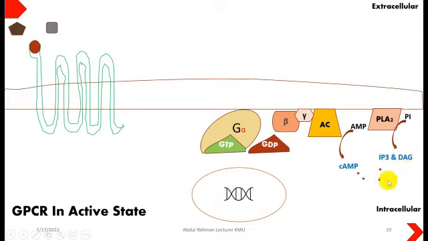These second messengers will amplify and relay the message to target organelles or nucleus to perform the activity, which could be either gene regulation, transcription or any other task.